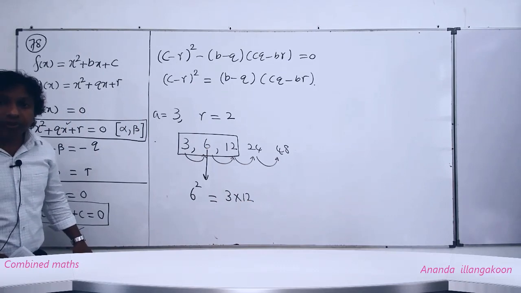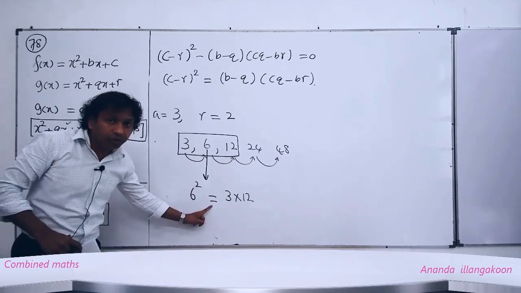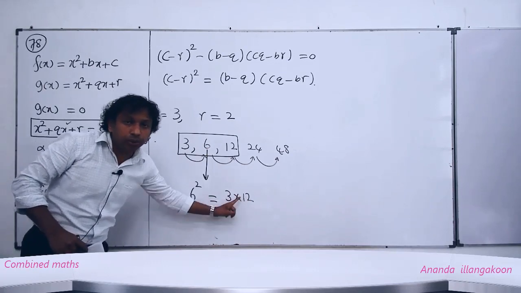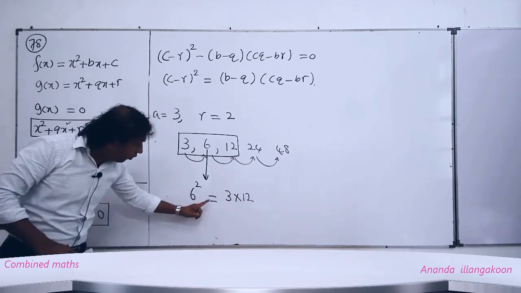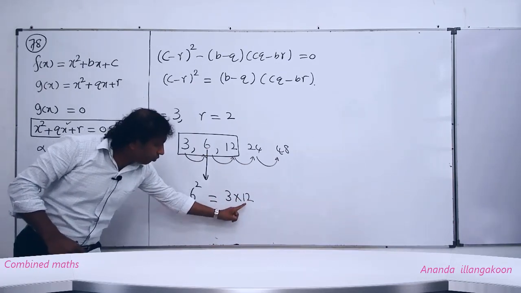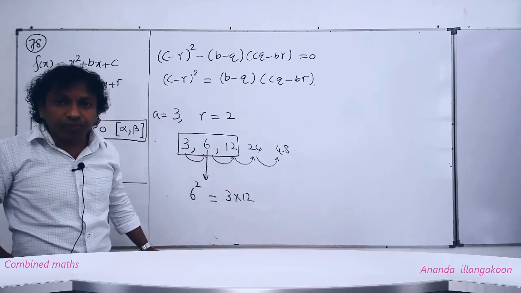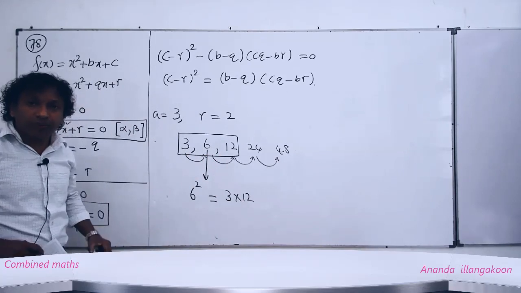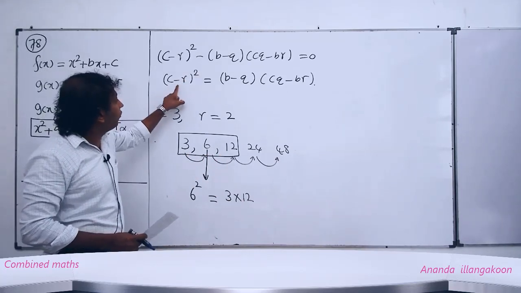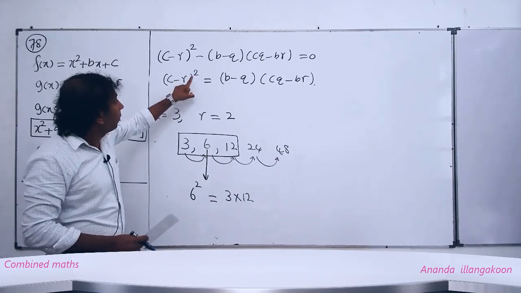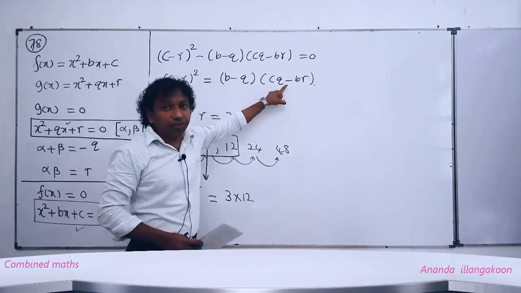Then people, if we can show the perfect square of something is equal to the product of another two things, then coming in the middle of these two, 3, 6, 12, these three terms lie in a geometric progression. Right? Then here also you can see, perfect square of this is equal to the product of this and this.